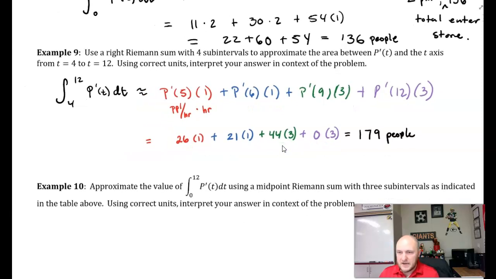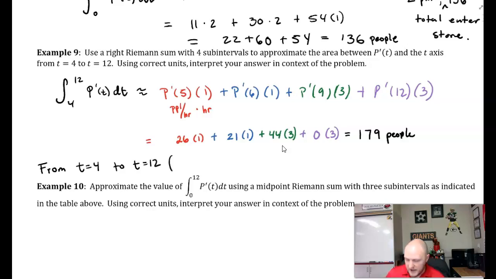Now, what does that mean in context of the problem? In context of the problem, we can say from t equals 4 to t equals 12.